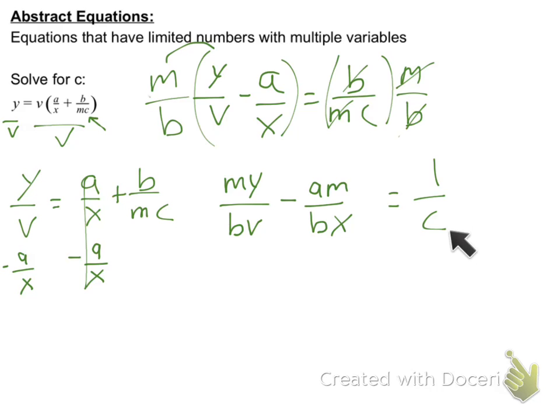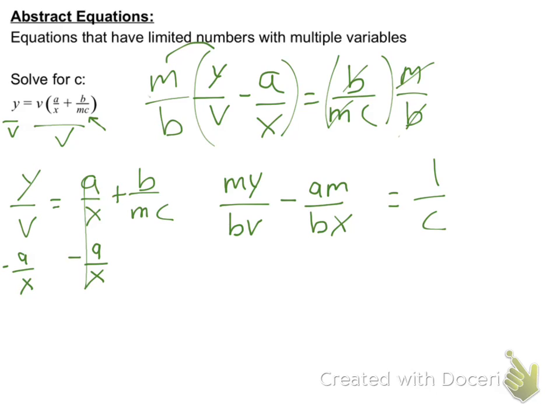Now, this is kind of interesting, this over here. I got 2 fractions being subtracted. One thing we could do here is get a common denominator. And if I got a common denominator, I would have a fraction equaling a fraction. And when you have a fraction equal a fraction, what can you do?